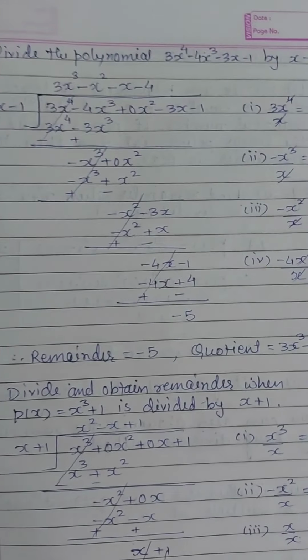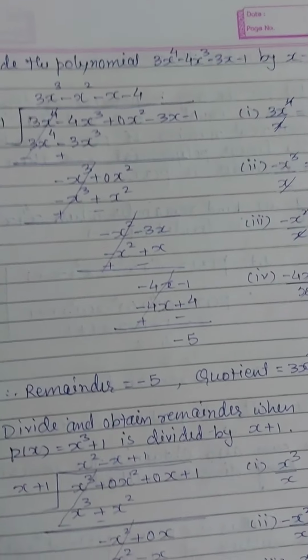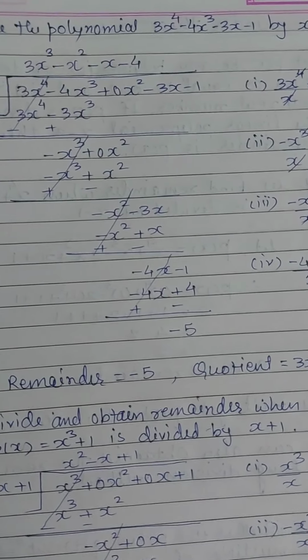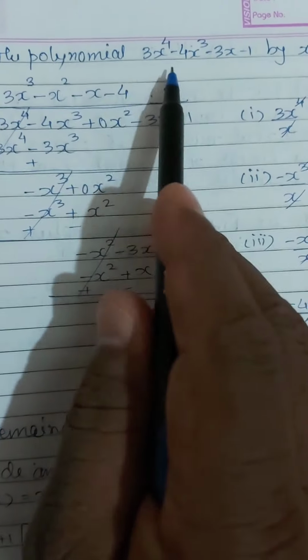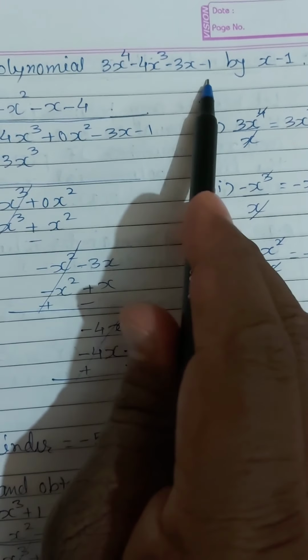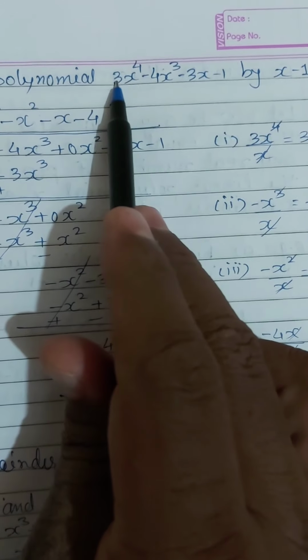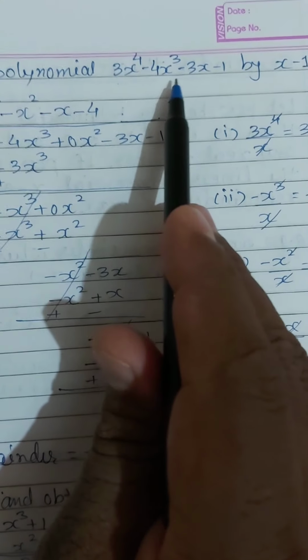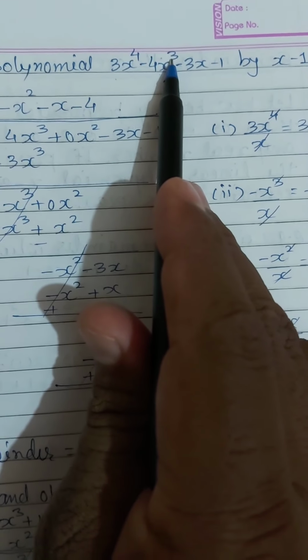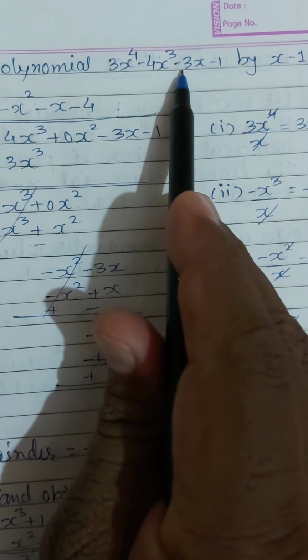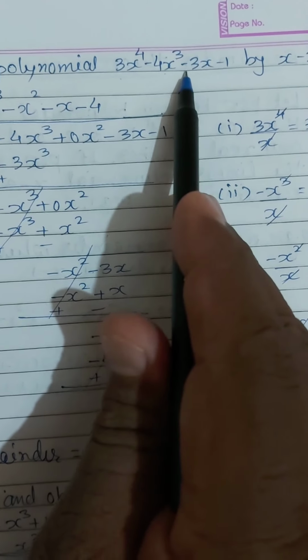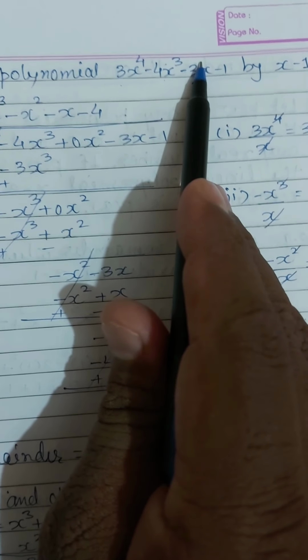Okay. Now, one important thing you have to note here, that when we are looking for this dividend polynomial, 3x raised to 4 term is here, minus 4x cube term is here, but the term containing x square variable is not present here, right?